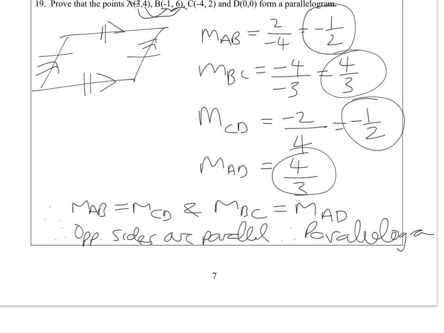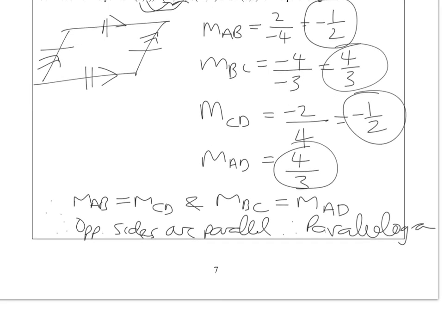Now just on that, if you had to prove a rectangle, you could do exactly the same thing, except you needed to prove it's a right angle, so therefore you needed to prove that one of the sets was perpendicular, negative reciprocal. If you were doing, let's say just a rhombus, you would have to prove equal sides. If you were doing a square, you would have to prove exactly the same as a rhombus, but you'd have to prove perpendicular.